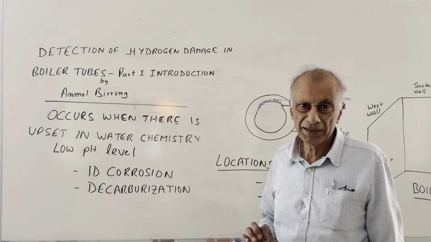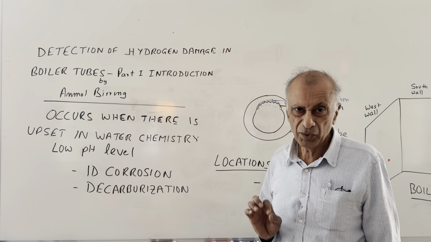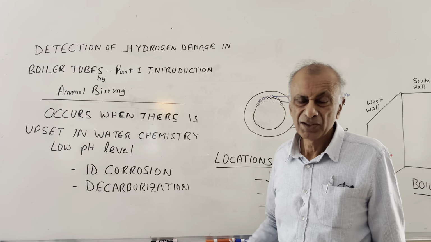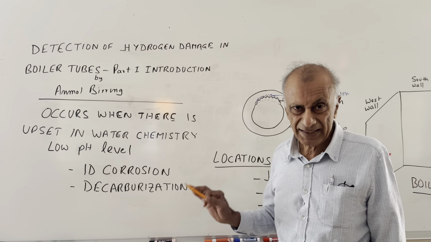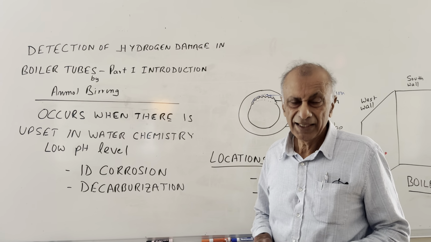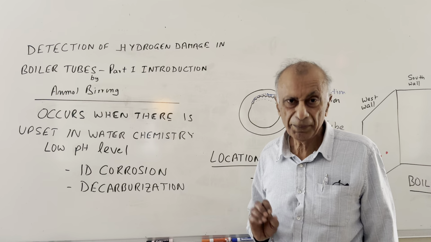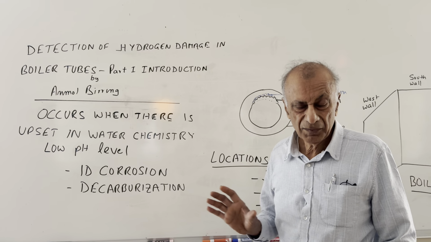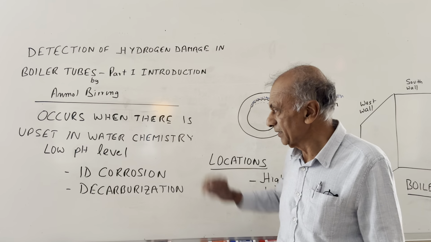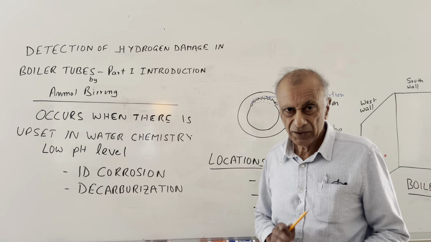It only happens when the pH level of the water drops to the acidic levels, which are actually below 7. So when the water becomes acidic and there is an upset in the water chemistry, then it happens, and it happens very rapidly. What does it do?